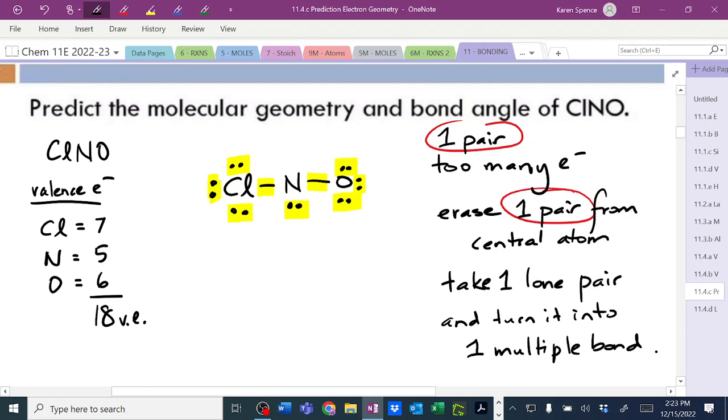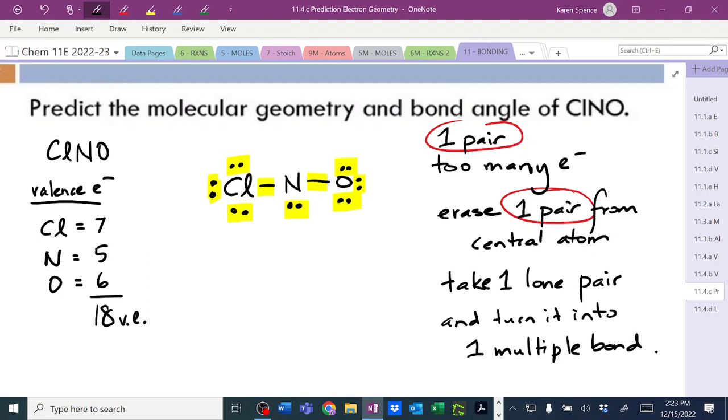So when you had the structure, did I give you carbon monoxide, I think? Carbon monoxide, you had to erase 2 lone pairs. And so you would have to form 2 multiple bonds, which would give you a triple bond. Yes? Did you guys catch that? A lot of you did do it, but I did notice there were a few people who didn't. So if you have carbon monoxide, you had to erase 2 lone pairs.